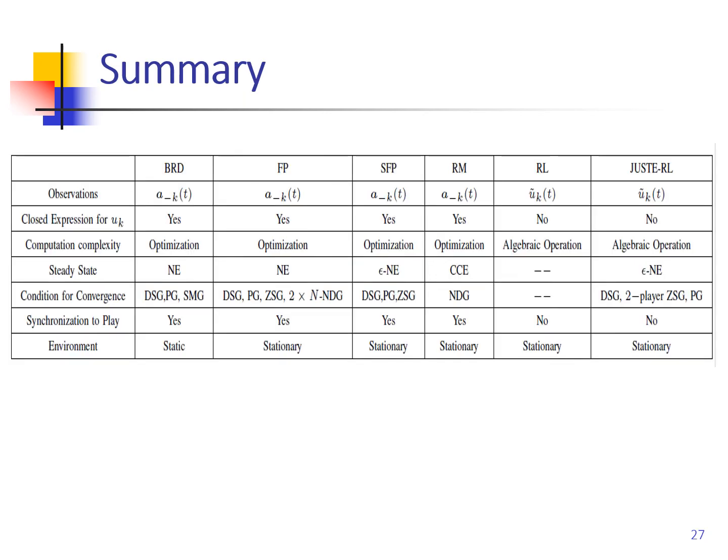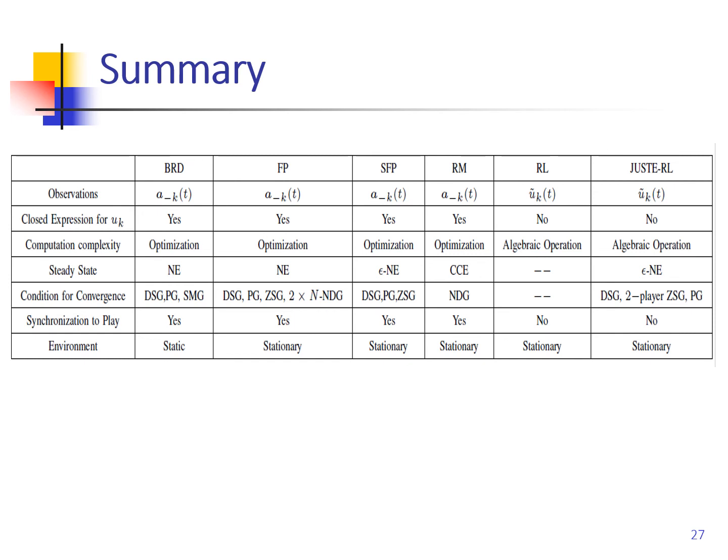As a summary, we looked at a number of learning algorithms, right? We looked at best response dynamics, fictitious play, then there was this smoothed fictitious play, then regret matching, then reinforcement learning, and then this variant of reinforcement learning.